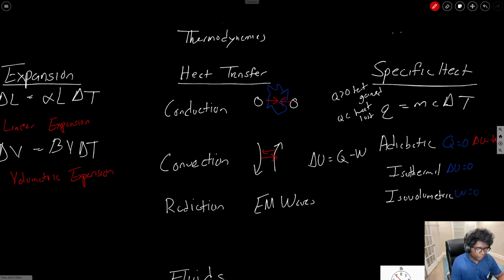When delta U equals 0, it just means that Q equals W. Just move that over, right? And then for isovolumetric, delta U equals Q. So when W equals 0, delta U equals Q. Basic math.